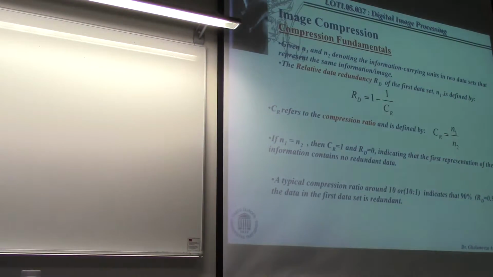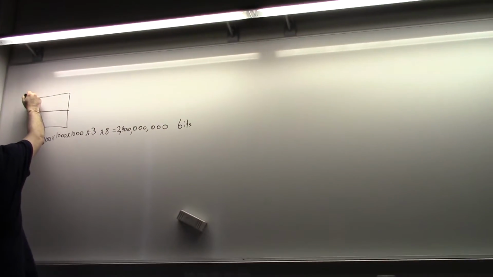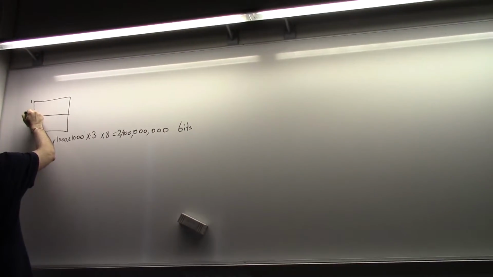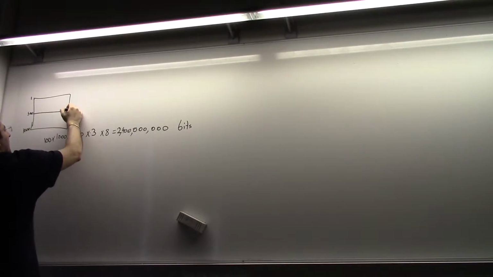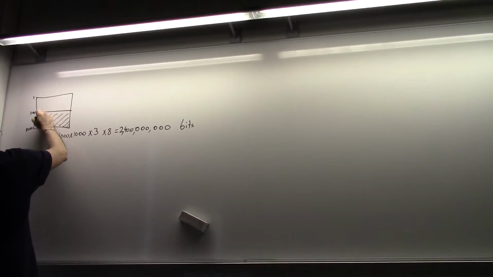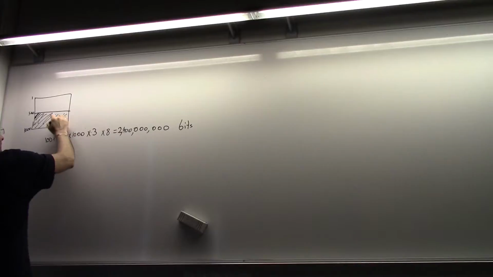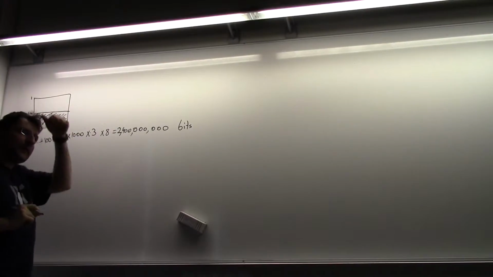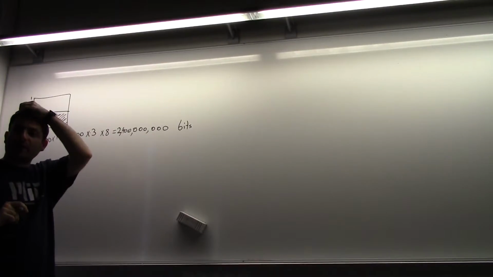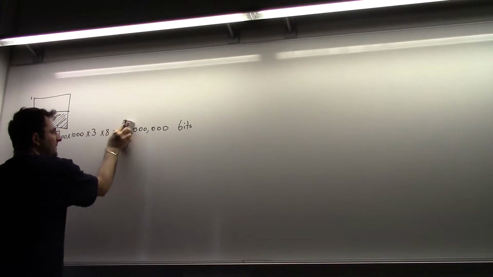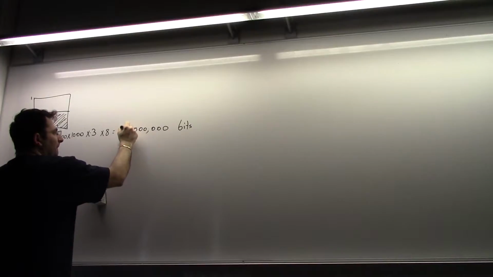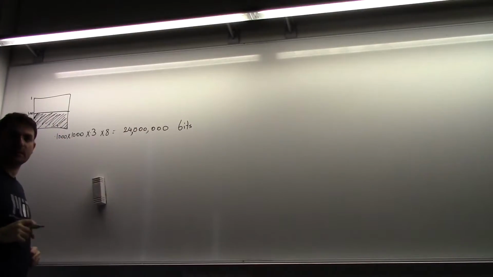A very good example will be an image like this. Imagine this is row 1, this is row 500, and this is row 1000. It is all black, and this is all white, right? How many bits do I need to represent it? 24 million bits. Is it true?